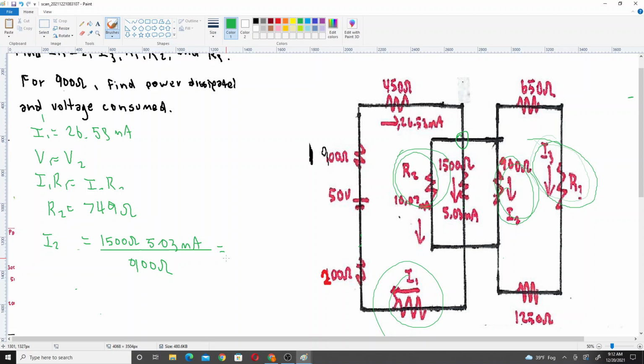And when you do that calculation, you should get 8.38 milliamps. So I'm going to take that and store that up here. Don't forget the I2.